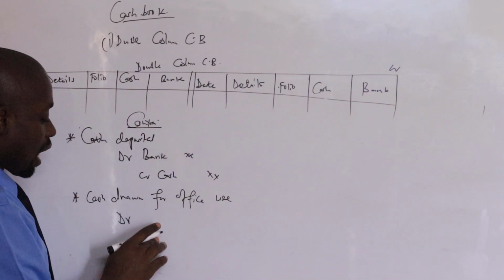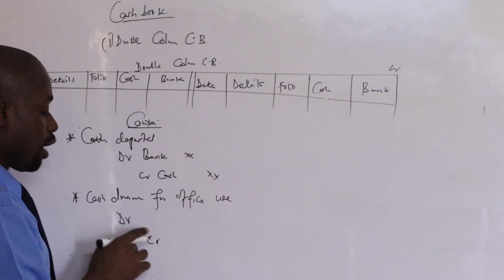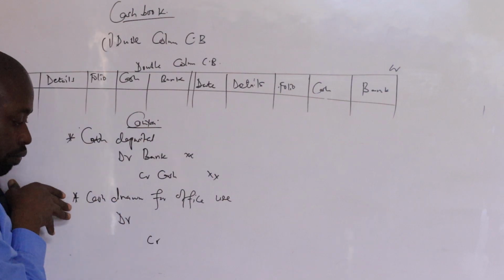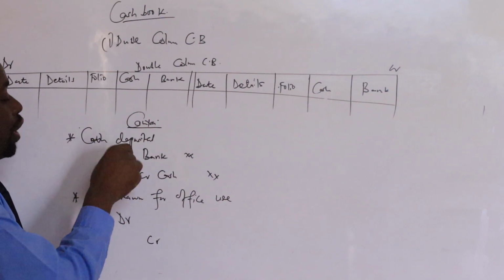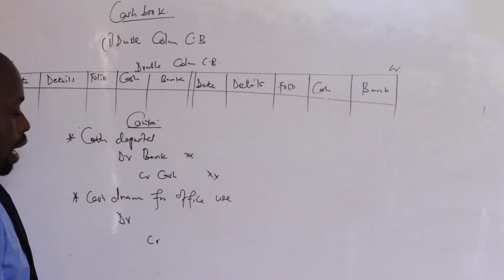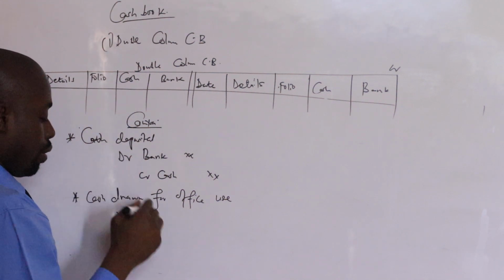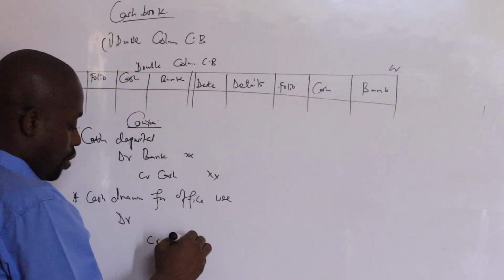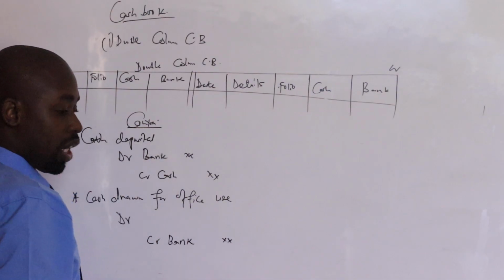Now, our bank account, we are taking money from it. So, in our books, when we take money from our bank account, we are reducing our bank account. So, our bank, being an asset, shall be credited. So, this is the drawing from the bank.